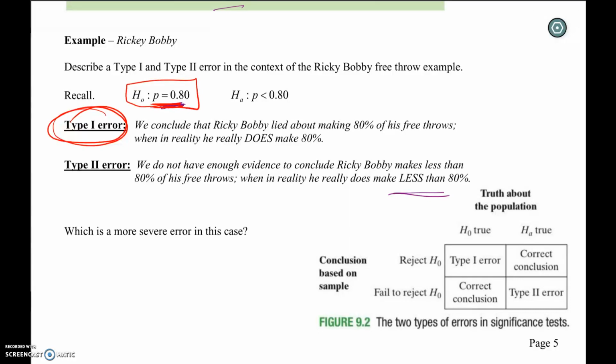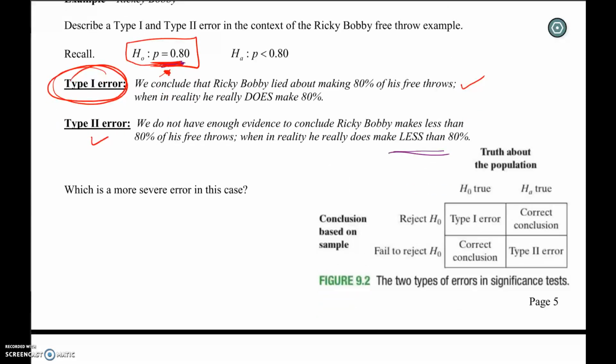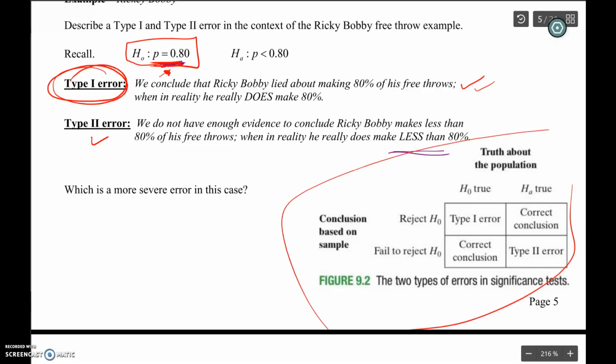If you make a type 2 error, you're basically saying you don't have enough evidence against the assumption, so I'm just going to assume that it's still true. Whereas with a type 1 error, your assumption is true, the status quo is true, and you're wrongly saying it's not. So usually a type 1 error is more significant, but you could argue about this. You could talk about consequences of each. But whatever. Here's a little table you can look at if you want.